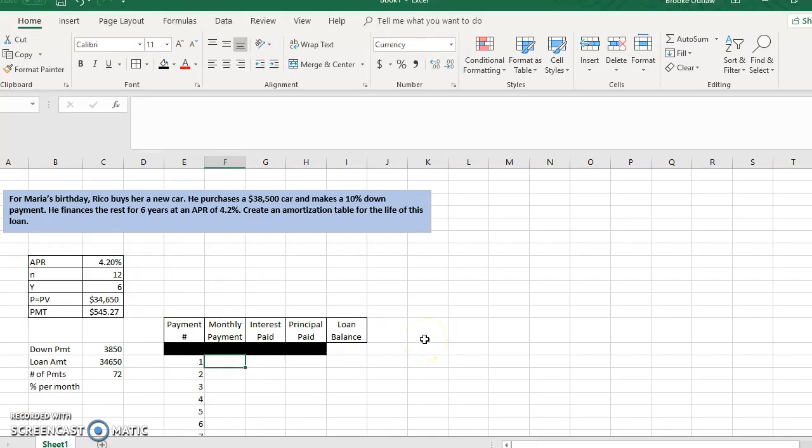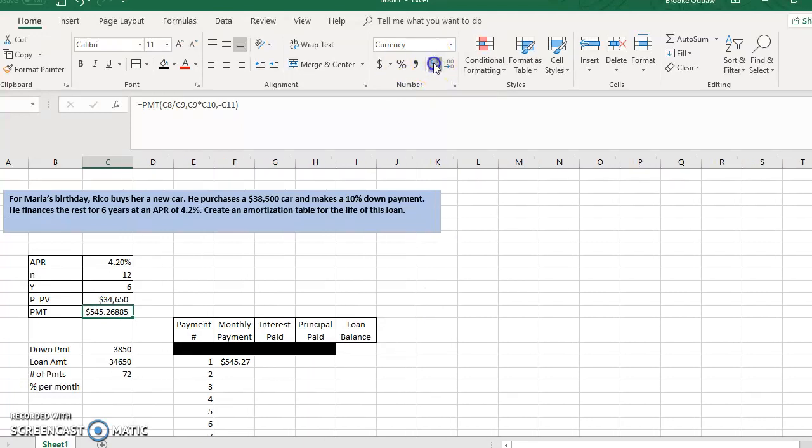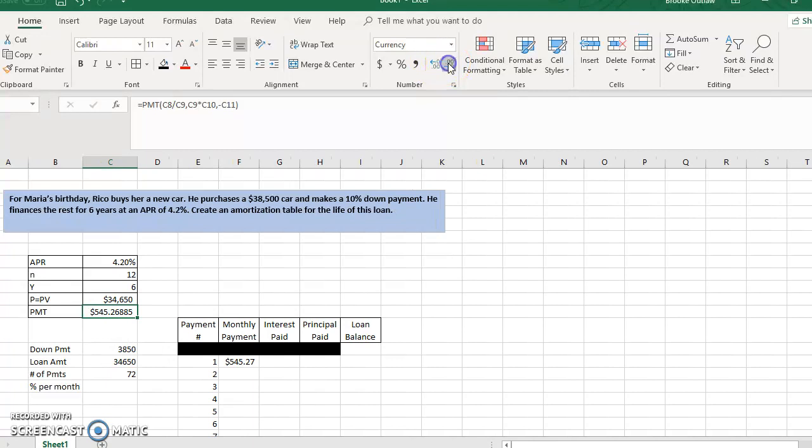And the monthly payment is going to be $545.27. This is super important to make sure you are not cell referencing here, because the number that's actually in this payment box is an exact number. And if you were to move the decimal over, you're going to see it's not actually 27 cents. It's more than that.